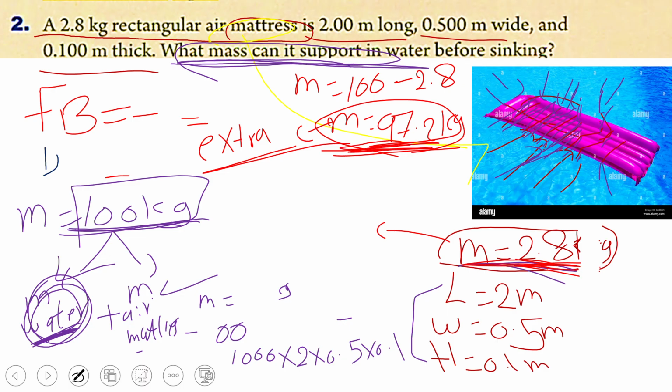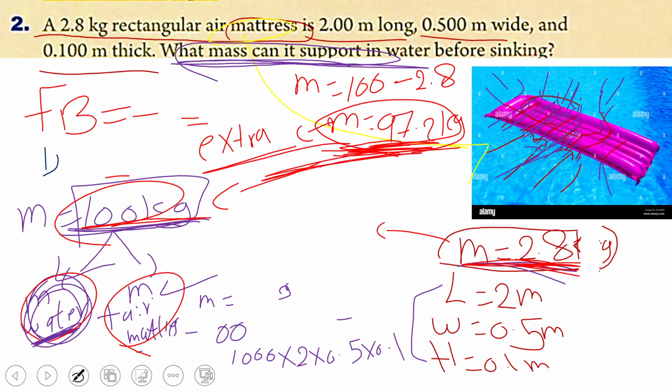This is the mass of the water that goes into it. So 97.2 of water goes inside the air mattress, so it becomes 100. So this 100 is the total mass after the water goes in. The total mass is the mass of the water and the mass of the air mattress.